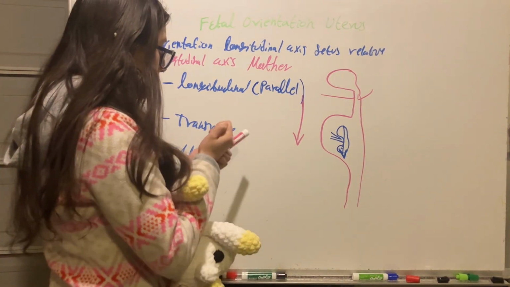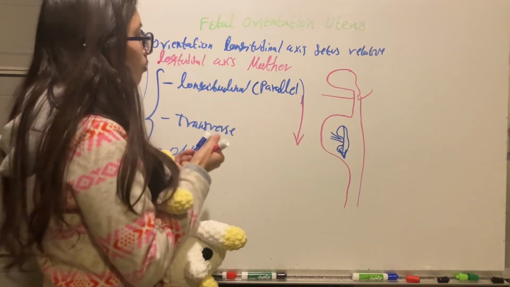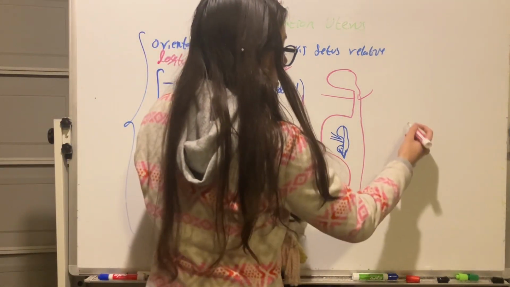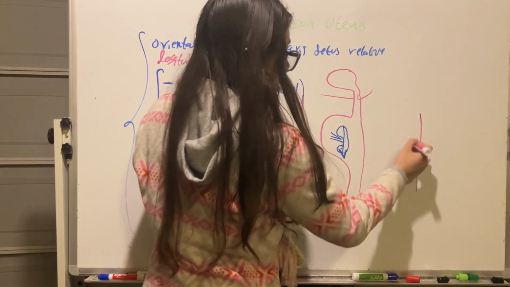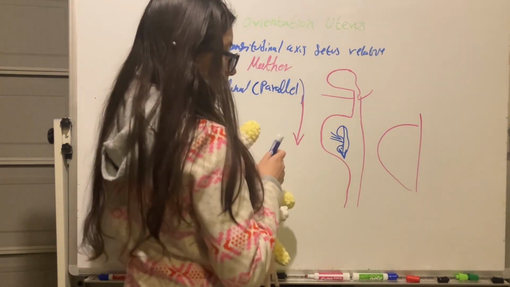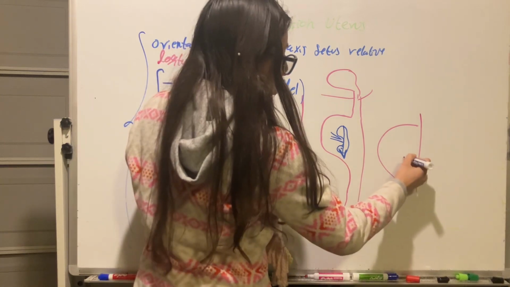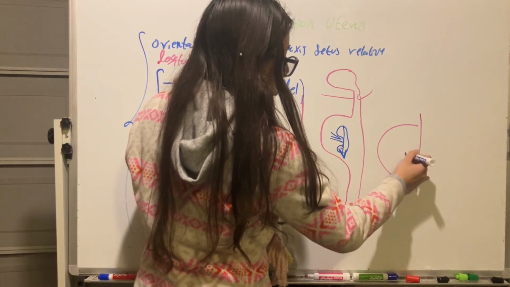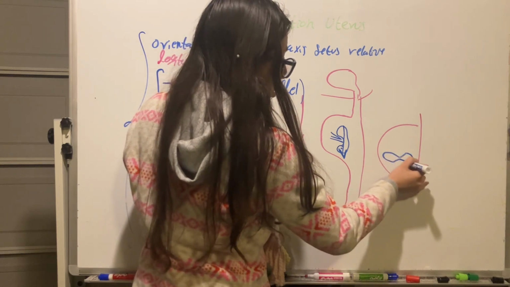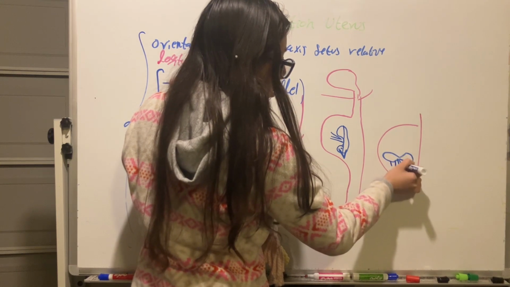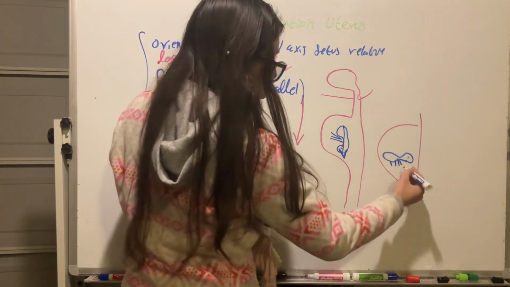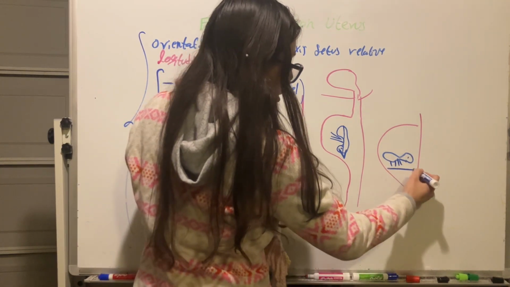In the transverse orientation, let's say this is the abdomen. The longitudinal axis of the fetus is transverse to the mother.